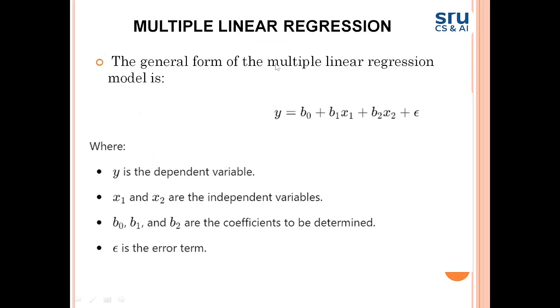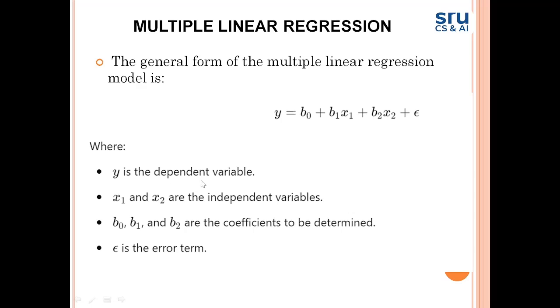Next, we will see multiple linear regression. The general form of the multiple linear regression model is y is equal to beta naught plus beta 1 into x1 plus beta 2 into x2 plus eta. Try to see here what is y.